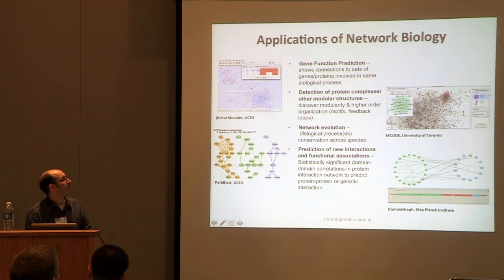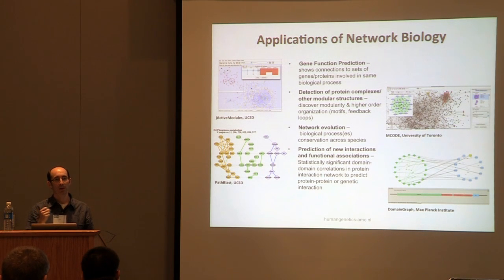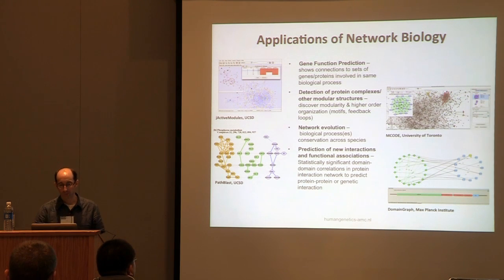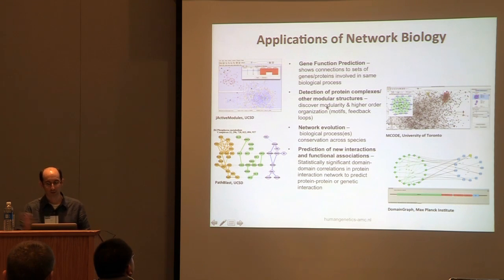People have found modules in networks, as we've talked about earlier. Depending on the network, those modules might mean different things. In a protein interaction network, those modules often indicate protein complexes, whereas in a correlation network, they're more the modules that were discussed earlier today.